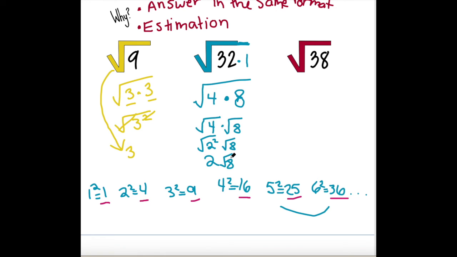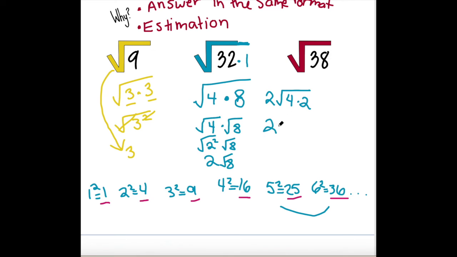Now, before we think we're done, we should always ask ourselves, could the number underneath our square root simplify further? So does one of our perfect squares multiply to give us 8? Once again, we can actually go ahead and simplify this further. 8 can be written as the perfect square 4 times 2.